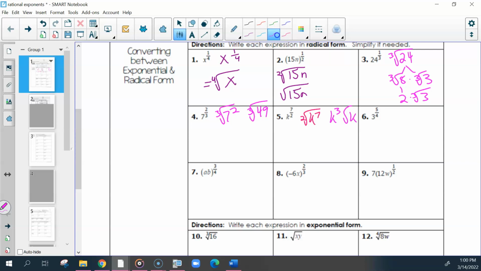So k to the 7/2 is the equivalent of k to the 3rd times the square root of k. Let's do another. 3 to the 5/4. So this would be the 4th root of 3, where 3 is raised to the 5th power.